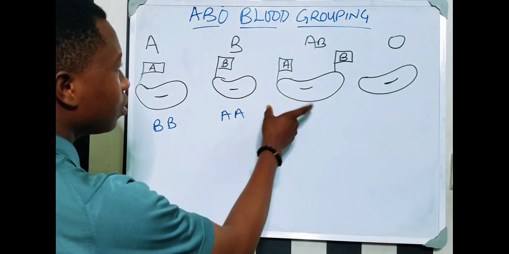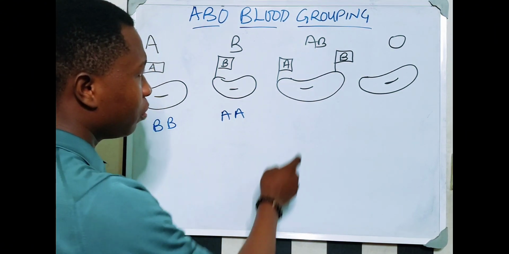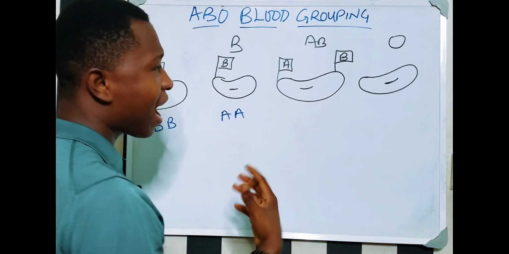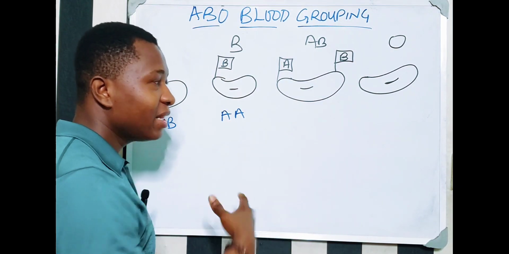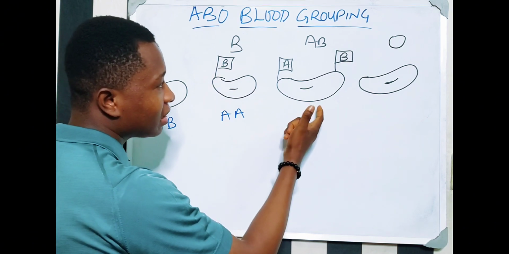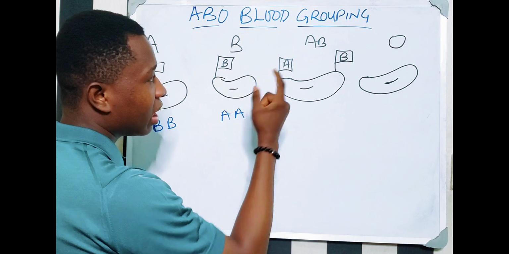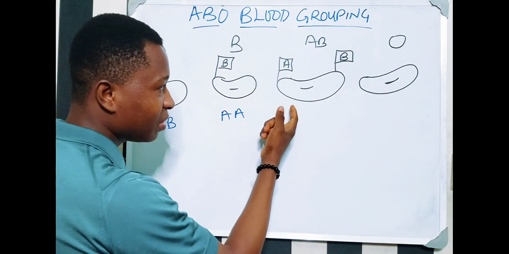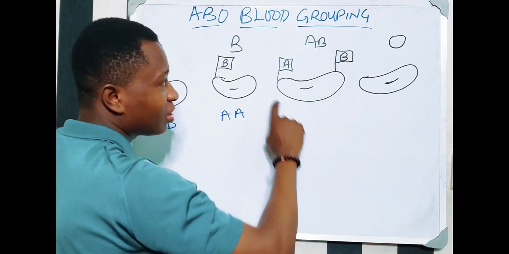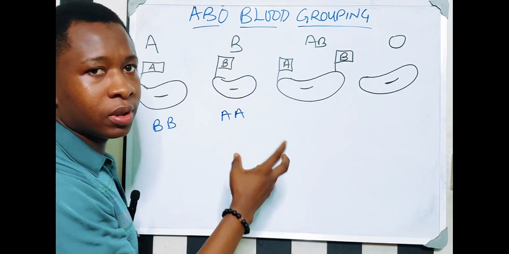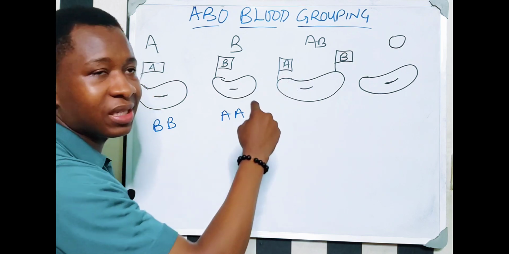Okay, now moving over to the blood group AB. The blood group AB has both the A and the B antigens. So there is no need for the antibodies, because if it has the B antibody, it is going to attack A. If it has the A antibody, it's going to attack B. So the AB does not have an antibody that attacks these antigens.